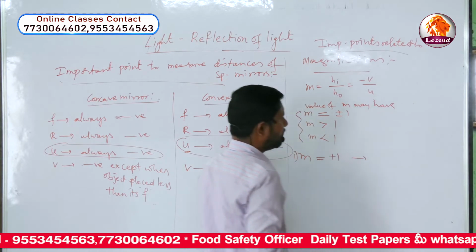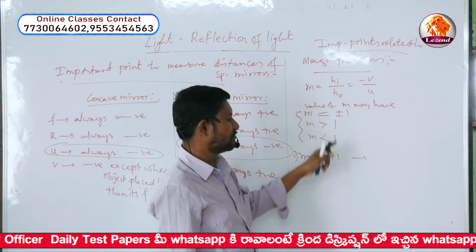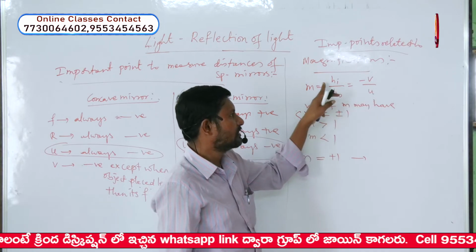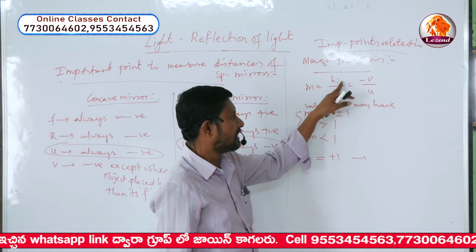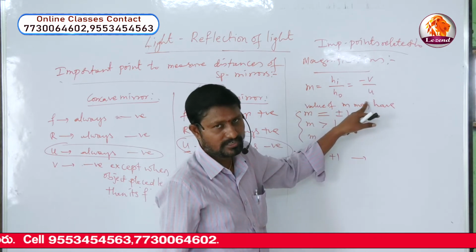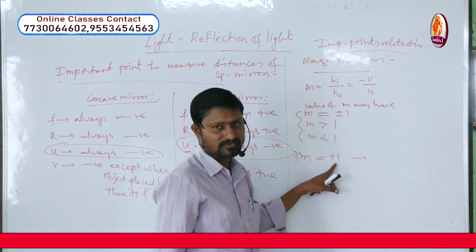First, m value equal to plus 1. Look at this formula: m equals plus 1 means hi by ho, or minus v by u, the fraction, height of the image by height of the object, or image distance by object distance, should give plus 1.